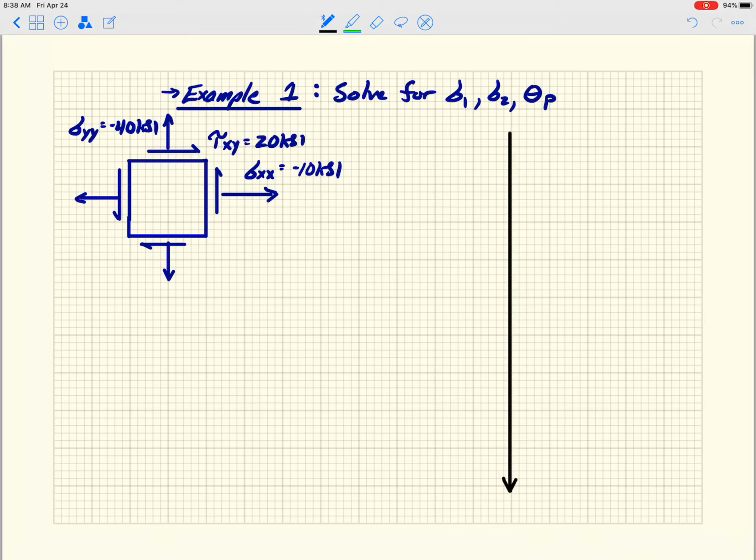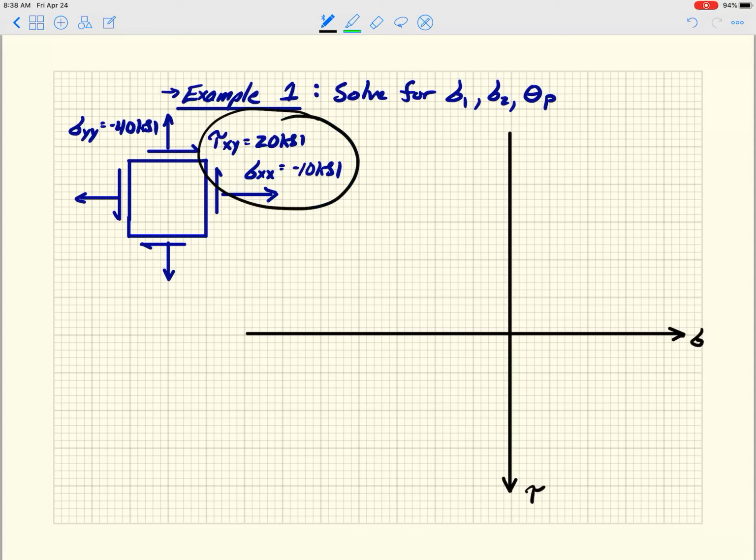So I'll come out here, I'm going to draw it like this, and I'm going to draw it like this. Okay, so this is my positive sigma axis, and this is my positive tau axis. So first step is we're going to plot these two points: minus 10 KSI and a positive 20 KSI.